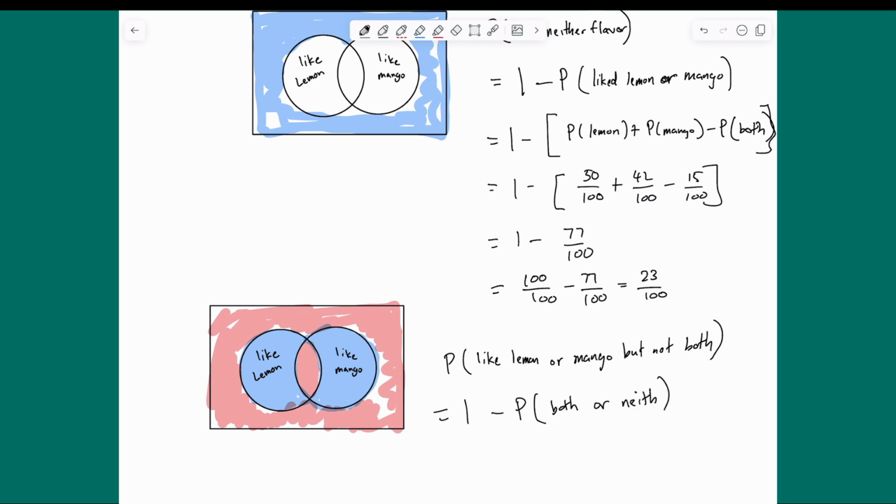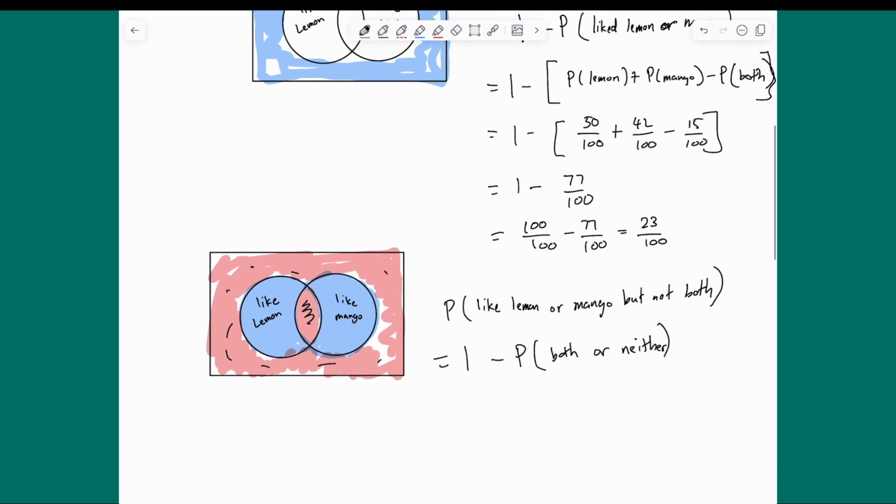The both part is the part in the middle, right? Where they overlap, and the part where they like neither is the stuff on the outside. Okay, and we know those two are mutually exclusive, so that's the same thing as saying the probability of both plus the probability of neither.